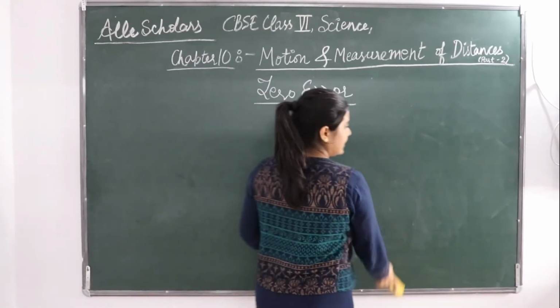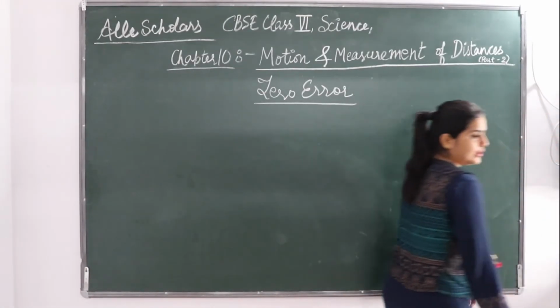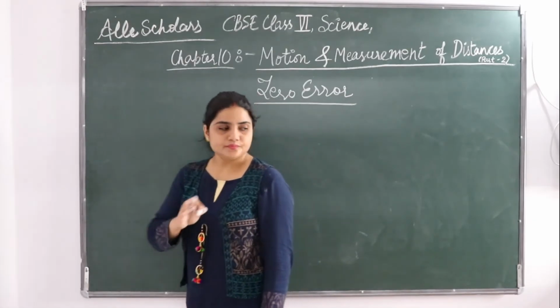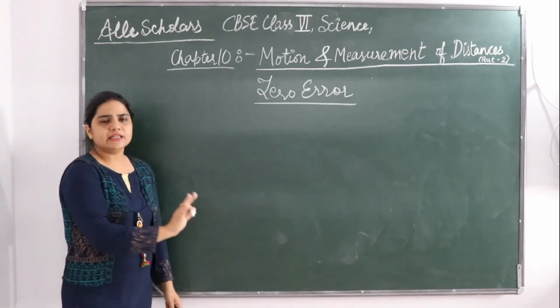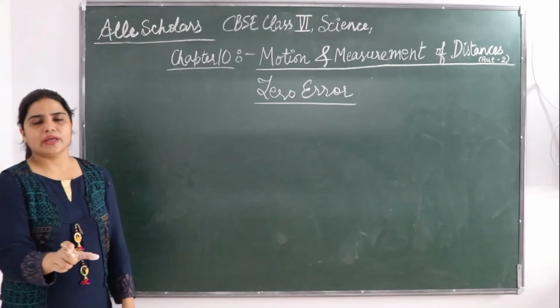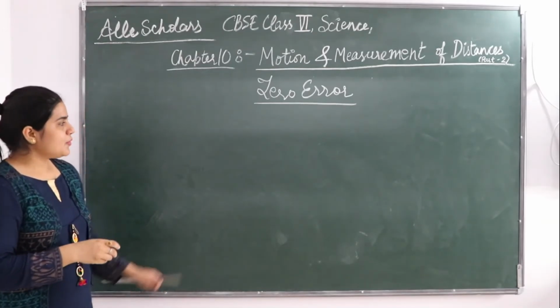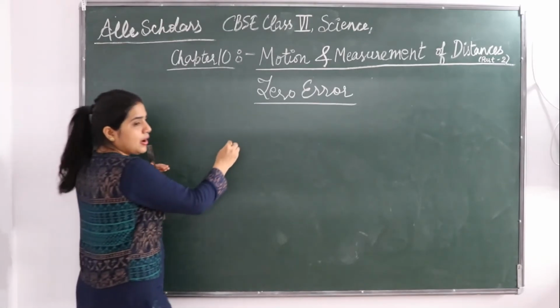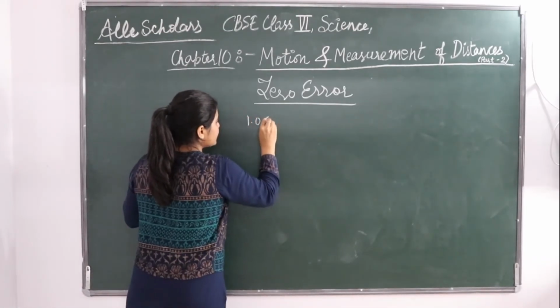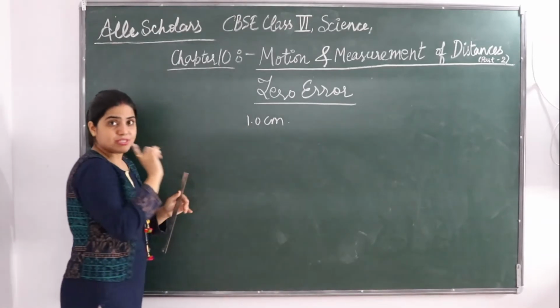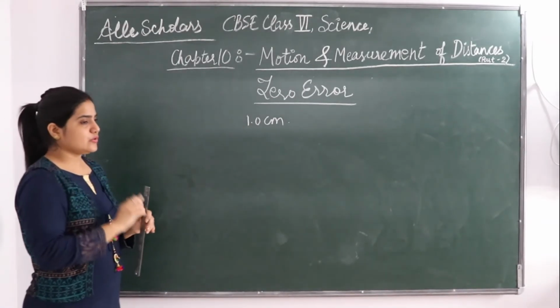Now if you have started measuring from 1, what you have to do next? You can use any mark you can use, but that should be full scale. Suppose you have started measuring from 1.0 centimeter. Not from 0, but from 1.0 centimeter.